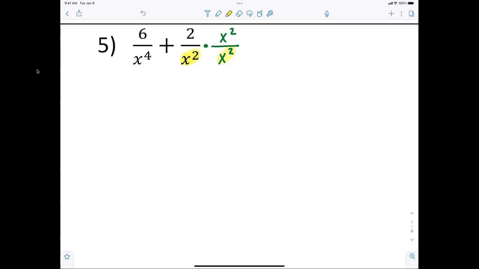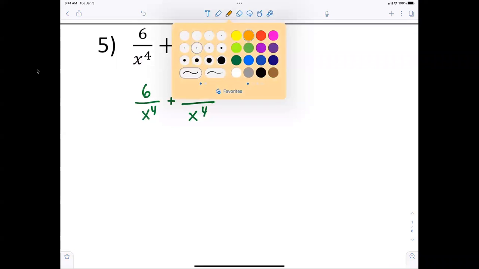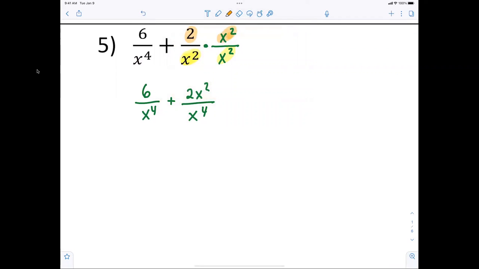And then you've achieved your objective because now the denominator is the same. So I'm going to rewrite this just to make sure you're with me. It's 6 over x to the 4th plus 2x squared over x to the 4th. Again, 2 times x squared is the 2x squared. Do you have any questions with that?